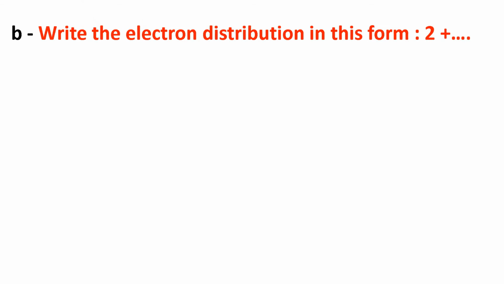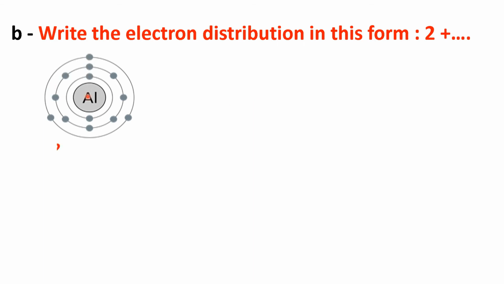B. Write the electron distribution in this form, 2 plus. Here the first shell has 2 electrons, the second shell has 8 electrons, and the third shell has 3 electrons. So we write 2 plus 8 plus 3, where 2 refers to the first shell, 8 refers to the second shell, and 3 refers to the third shell, the outer shell.